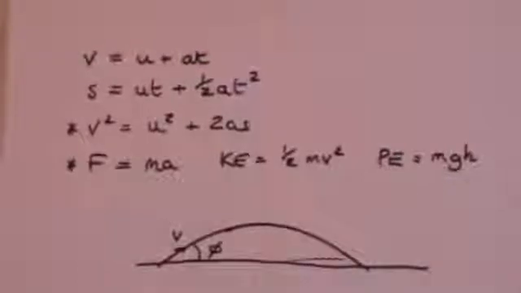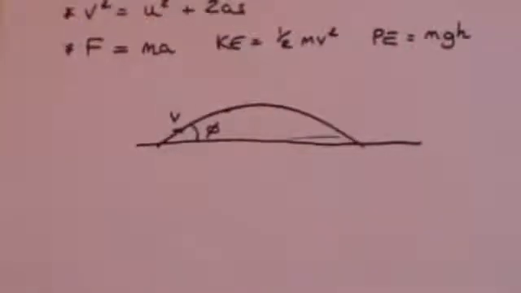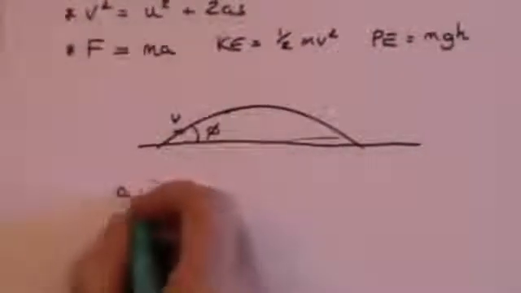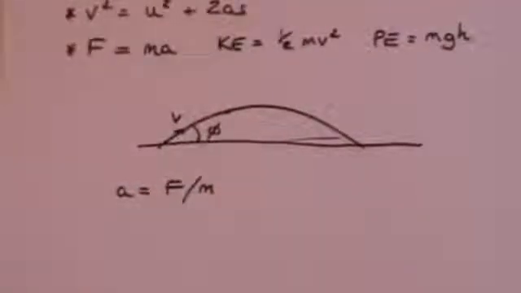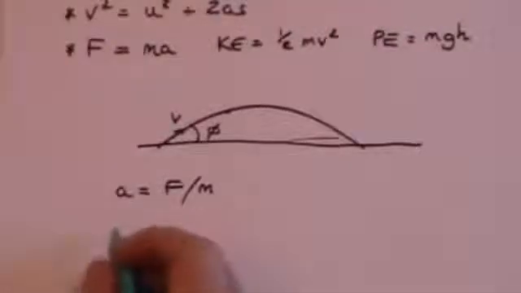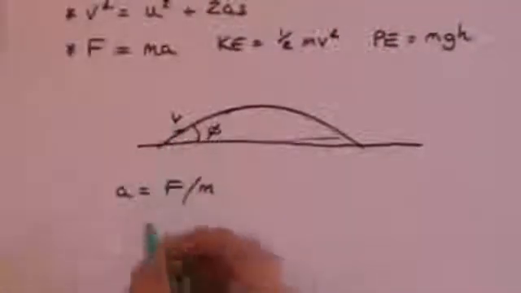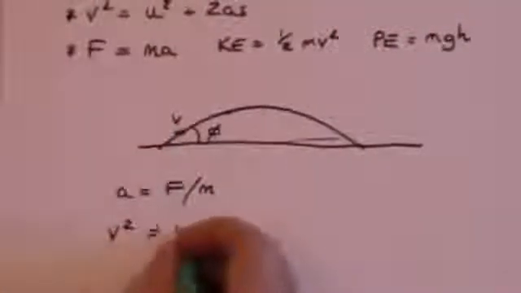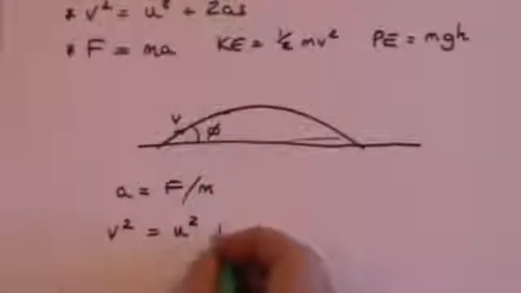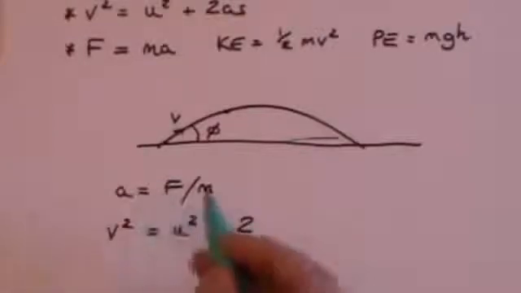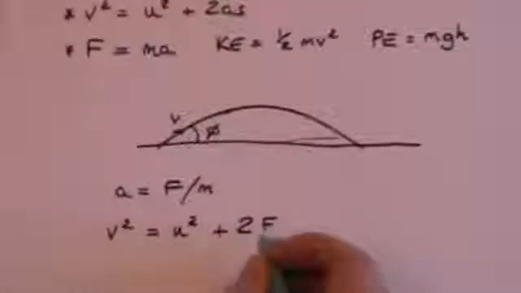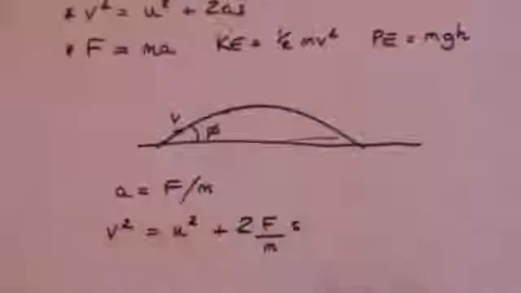And what we're going to say is that if F equals ma, then I hope you will agree that a is equal to F over m. That's F equals ma, just written a different way. And that means I can now write the formula v squared equals u squared plus 2as in this way. v squared equals u squared plus 2a, which is F over m, times s. s is the distance, remember.